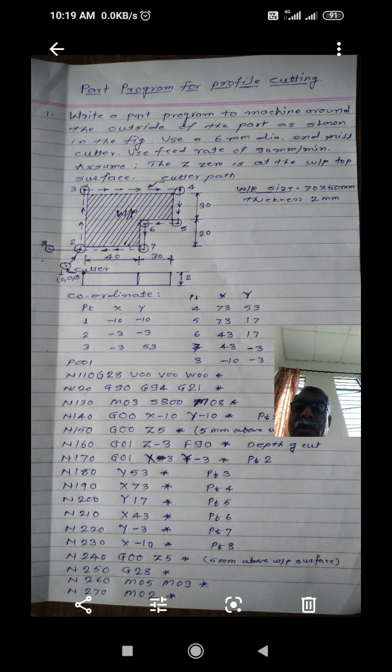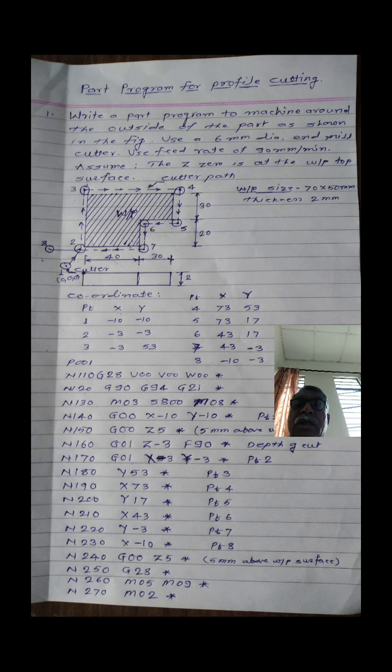What is the actual movement of the tool from point 4 to point 5? 30 plus 3, 3 plus 3 means 36. Don't consider the movement of the tool. Find out the last point or target point of the cutting tool. That target point is 17 millimeter from the 0 point or workpiece 0. Is it clear? 20 minus 3. Therefore, y coordinate is 17.